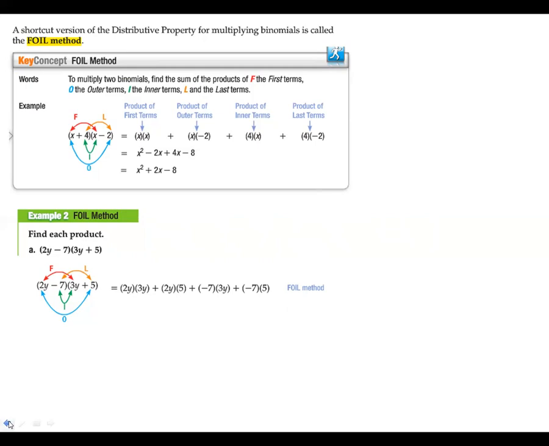All right. So let's do another one here. If I want to do 4a minus 5 times 2a minus 9. So my firsts are going to give me 4a times 2a, which is right here. The outers give me 4a times negative 9, which is right here.